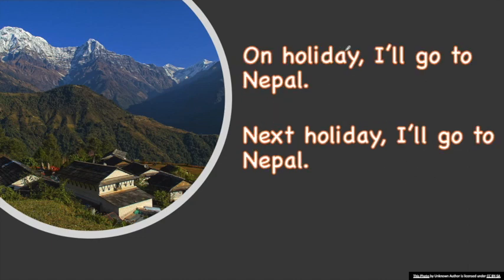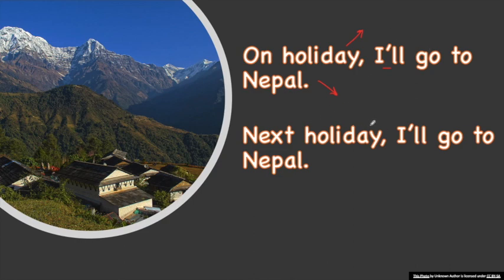You could say, on holiday, alright. Again, don't forget to raise your voice here, comma, right? On holiday, I'll go to Nepal. So you can say Nepal, you can say Nepal. Okay, both are correct. On holiday, I'll go to Nepal.